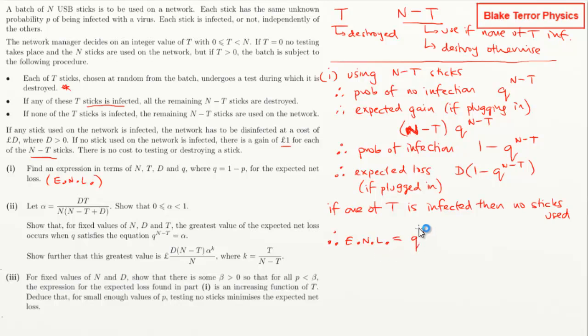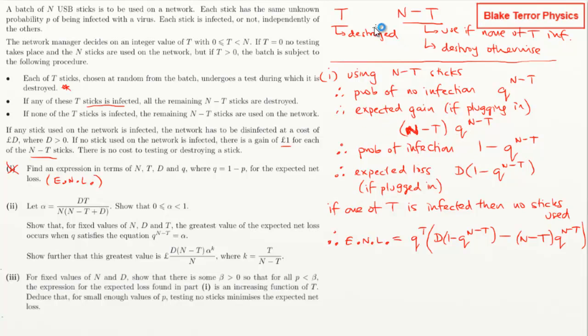So that's Q to the T. Then we've got our loss, which is D times 1 minus Q to the N minus T. And then we have to take off the expected gain because we're trying to quantify the loss. So that would be N minus T times Q to the N minus T. Okay, so that's our expected net loss. That's fine. Quite a lot of permutations that we got there.